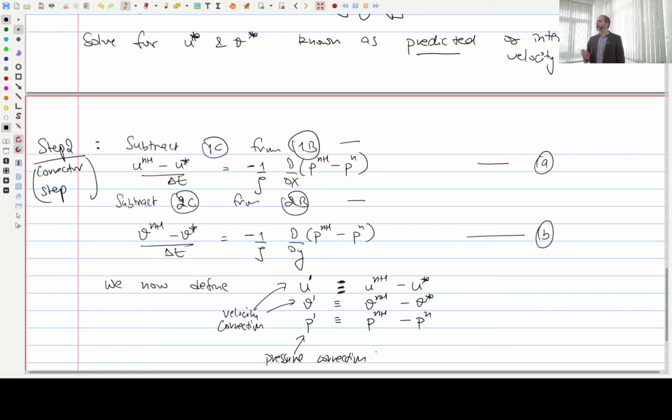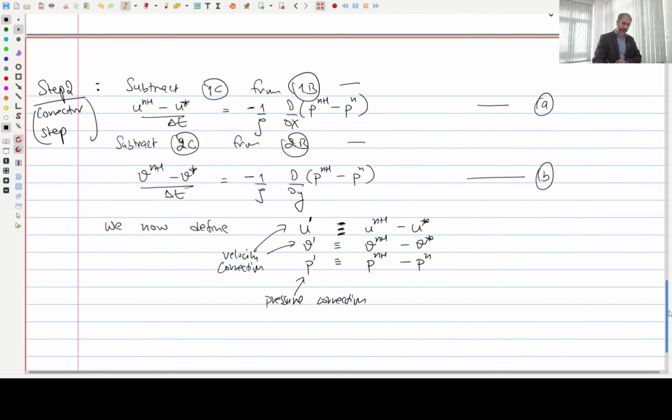And if I know p prime, I can add p prime to pn. There's no p star. The pressure is at the nth time. That's what we are using. So if I could find p prime, I'll add p prime to pn to get pn plus 1. Right?